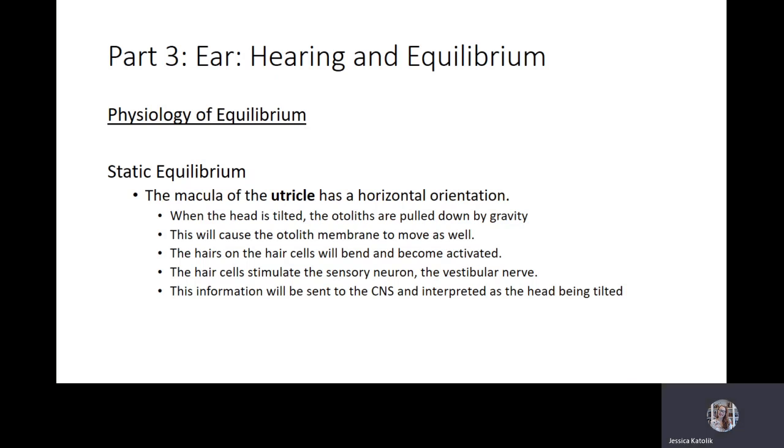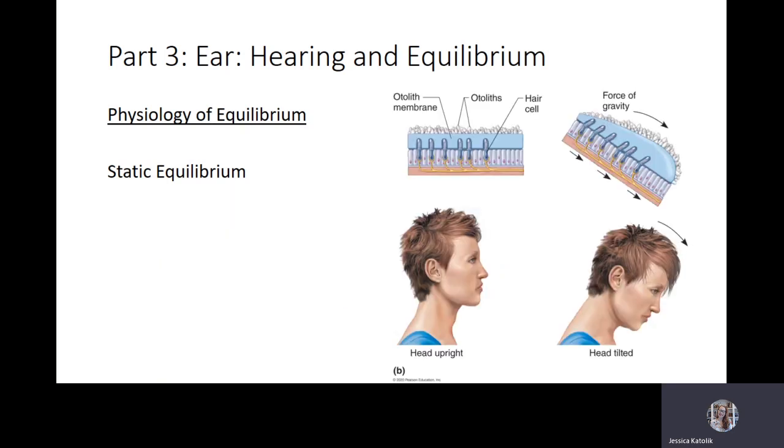So let's talk about how the utricle will contribute to our understanding of how we can identify the position, or static equilibrium, of the head. The macula in the utricle is going to have a horizontal organization, so it's going to be horizontally oriented. Rather than focusing on the words that are written here, I'd like to show you the image instead.